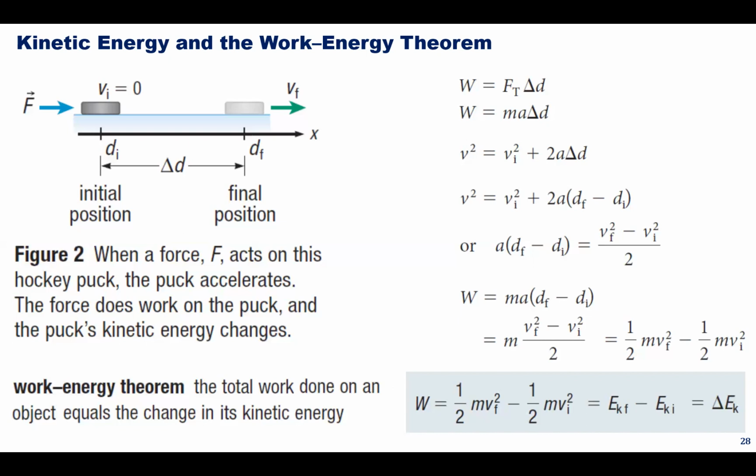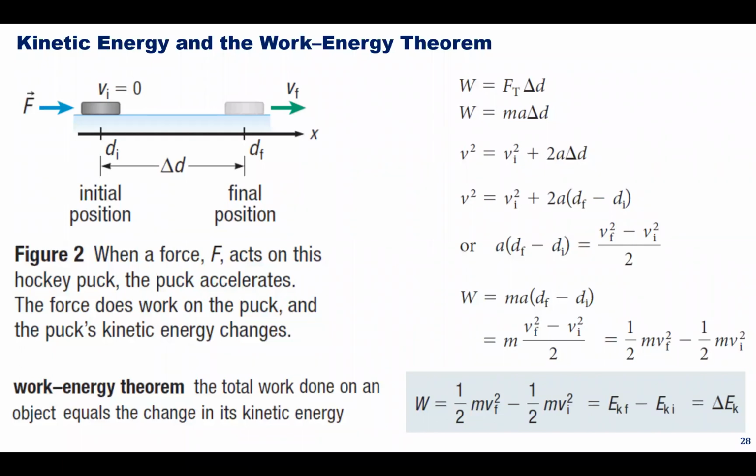The displacement is just delta d, or d_f minus d_i. So v_f squared equals v_i squared plus 2a times d_f minus d_i. Or we can also rearrange that to a times the difference between d_f and d_i, which is actually delta d, right? Equals v_f squared minus v_i squared over 2.